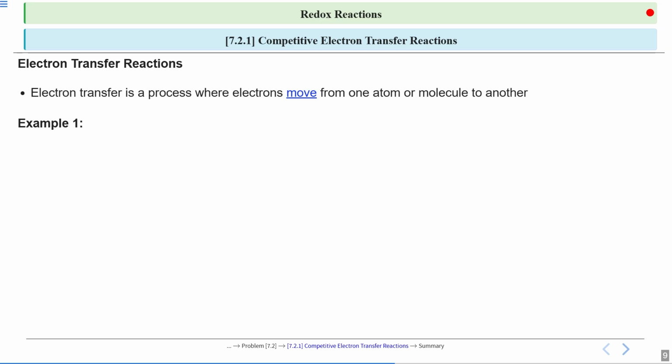In this lecture till now, we have understood that electron transfer takes place in a chemical reaction, as part of oxidation and reduction, which make the reaction a redox reaction. But have we ever thought about why an element loses its electrons and then the other one gains them? We can understand it by taking a practical example.